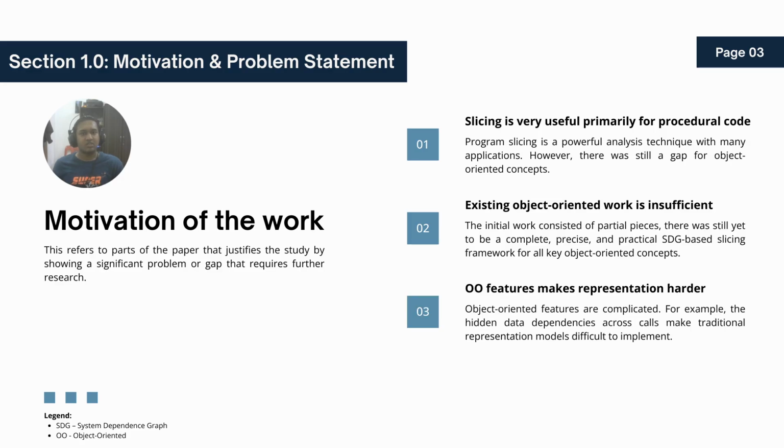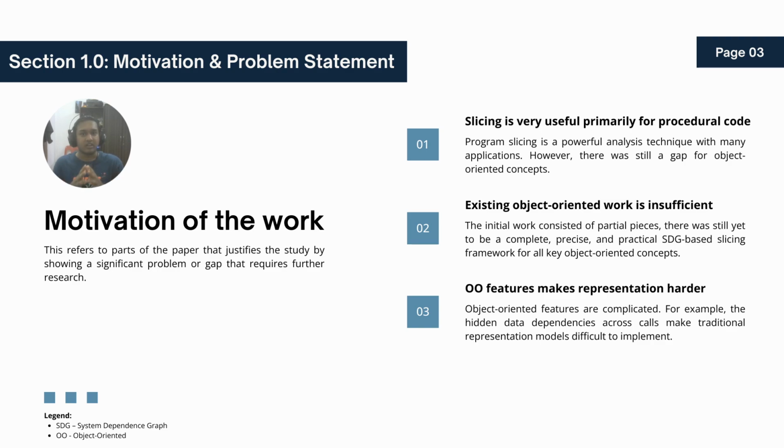Thirdly, object-oriented features make representation much harder. One of the reasons for this gap is that object-oriented features complicate program representation dramatically. Think about it. It has instance variables which form the object's internal state, and it has methods which operate on that state.